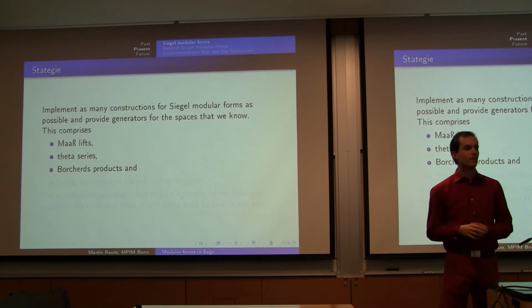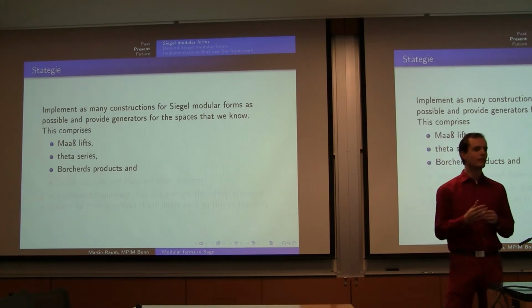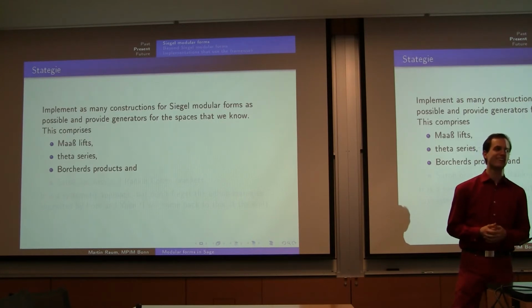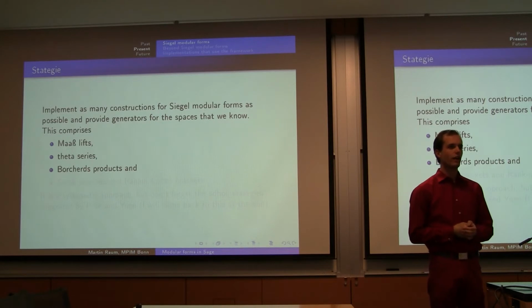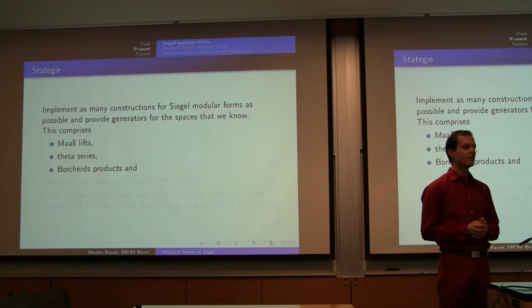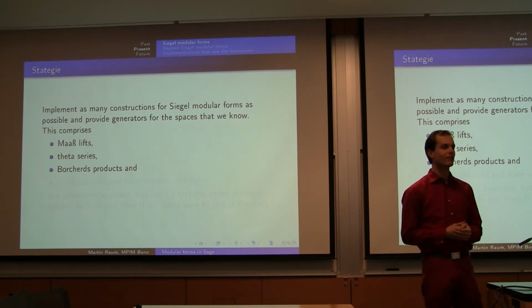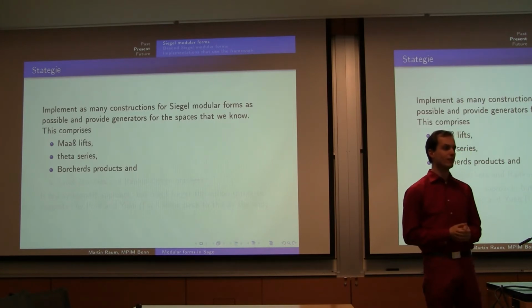Maass lifts are the most promising thing, also because they allow for computations with very, very high degree. I did some very expensive calculations, say for Siegel modular forms where I needed Maass lifts, and I got up to weight 170, which is good, I think, and I could compute spinor L-series with eigenvalues for primes up to 1,500.